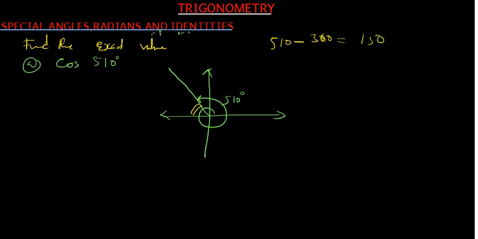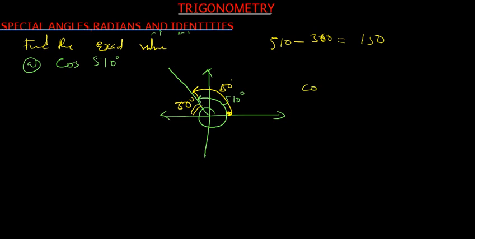So if we remove 360, it means now we've started again from this point, and then the angle that we are going to take would now be 150. So from this 150, what will be this angle? From 180, let's remove 150. So that will be 30 degrees. So this angle here is 30 degrees. Okay. So we are going to go on.